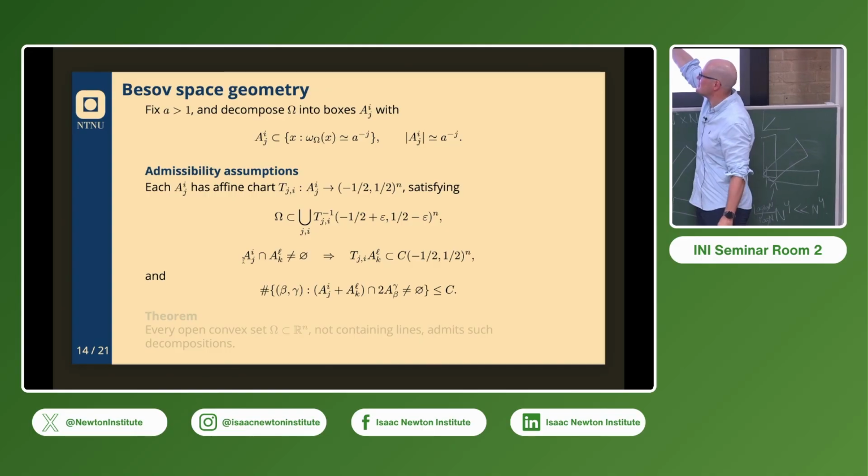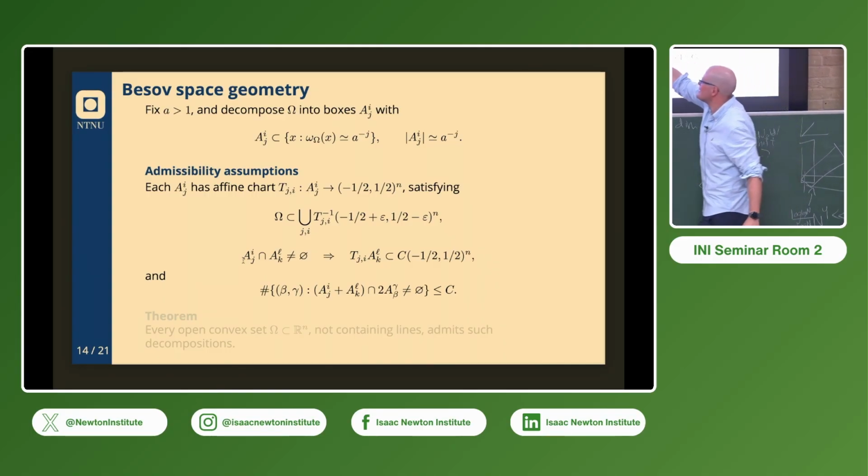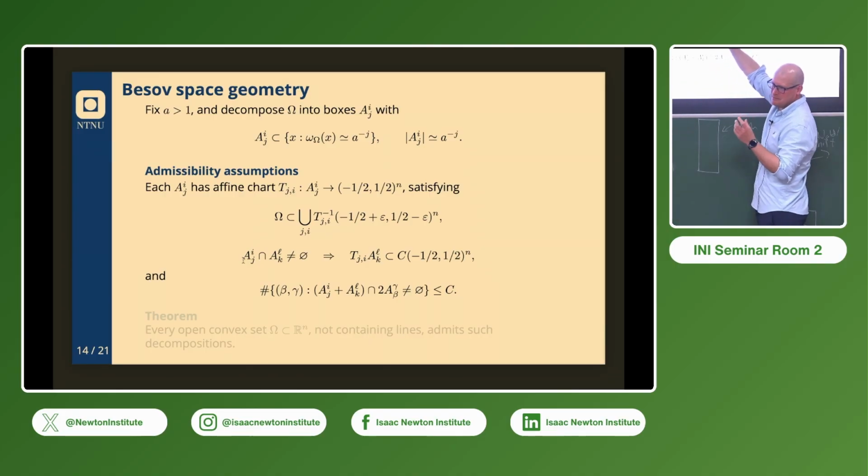The first just says that the boxes cover the set and a little more, right? They still cover if you make them a little smaller.